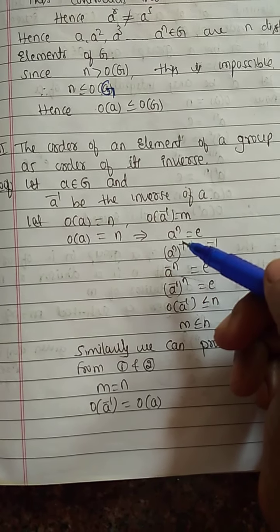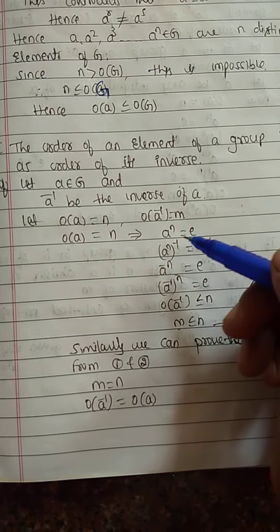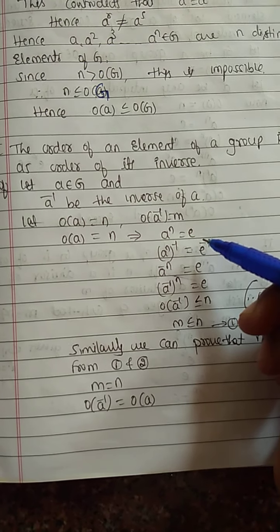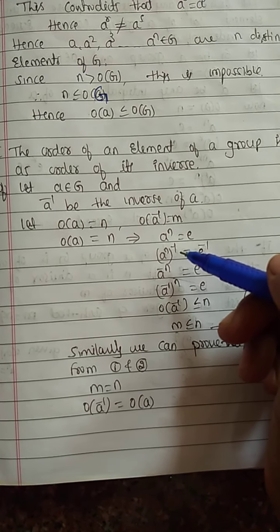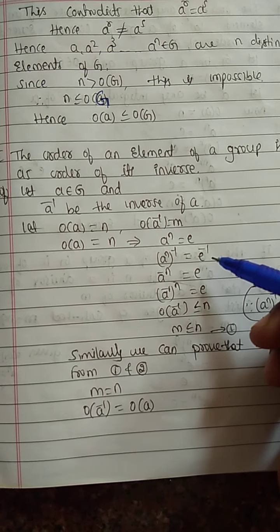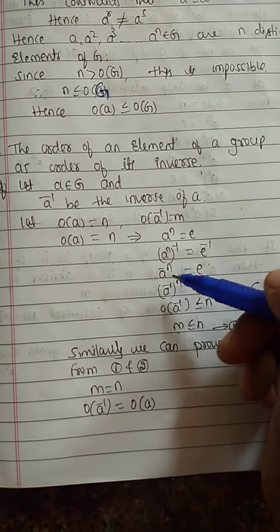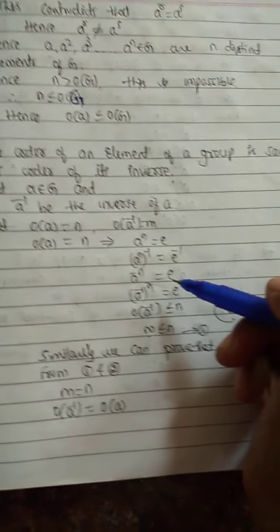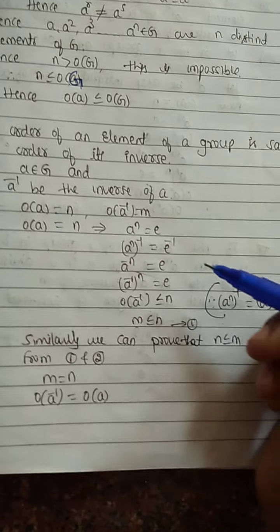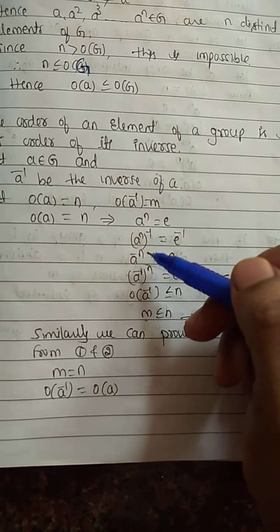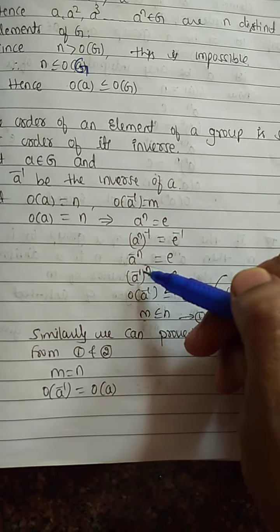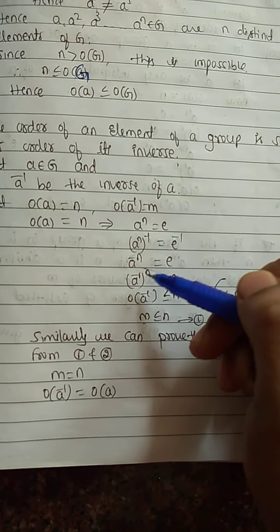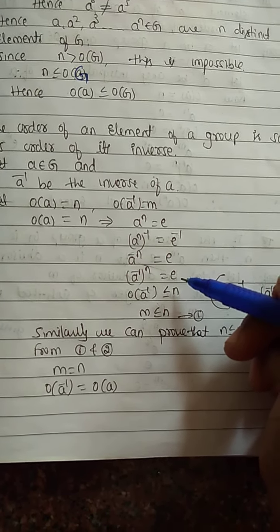This implies, by the definition of order of an element, a power n equals e. Then a power n whole power minus 1 equals e power minus 1, that is a power minus n equals e, because e is the identity element. This can be written as a inverse to the power n equals e.